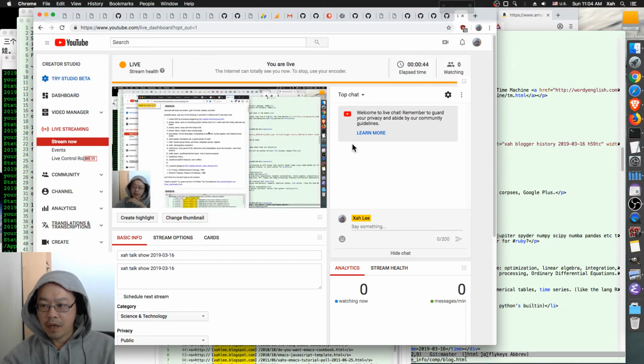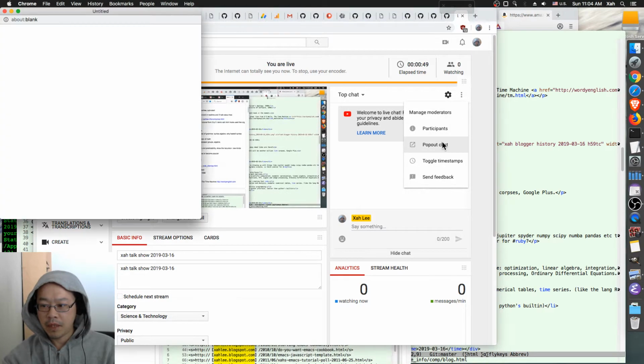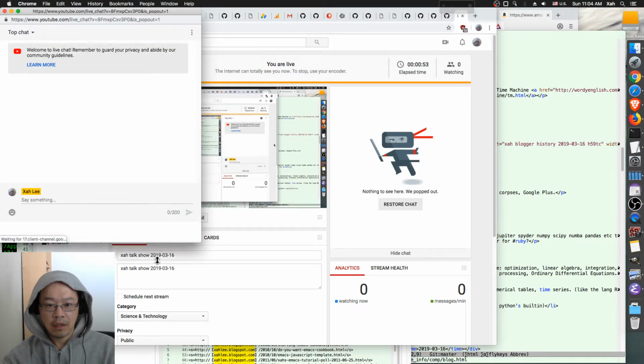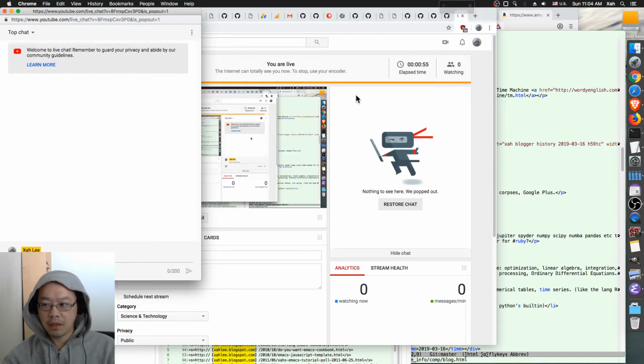So let's pop out this window. There is a pop out chat. That's good. But this window doesn't show how many people are watching.